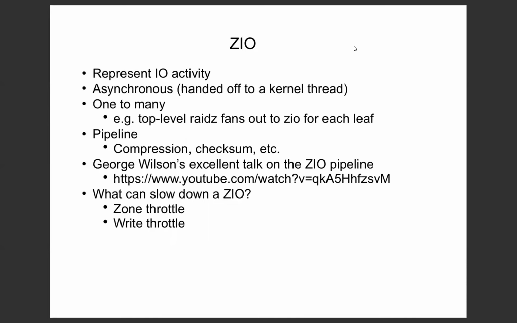We actually have a ticket, OS 7151, that we've been working on for quite a few months now, where we're seeing in some cases that metaslabs, which is the way ZFS keeps track of free space on disk, and the act of loading the data to figure out where free space is can cause the write of the transaction group to be slow. We're in the process of figuring that out now.